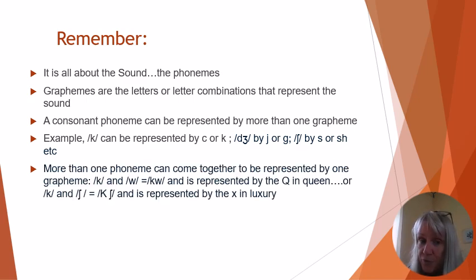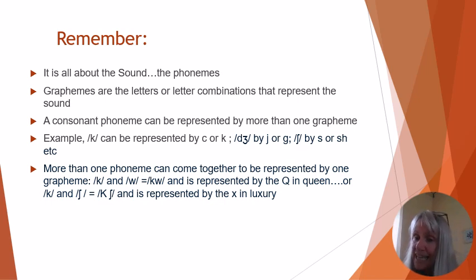More than one phoneme can come together to be represented by one grapheme. So for example, we can take two phonemes, the K and the W phoneme, bring them together to represent the Q in queen. And we will see one letter representing those two sounds, and that is the Q in queen.